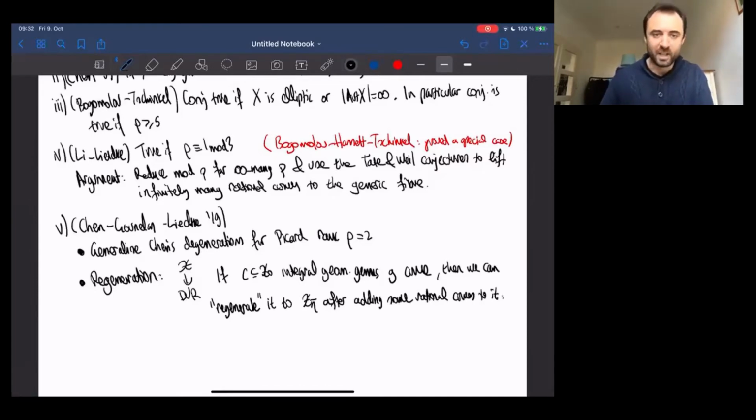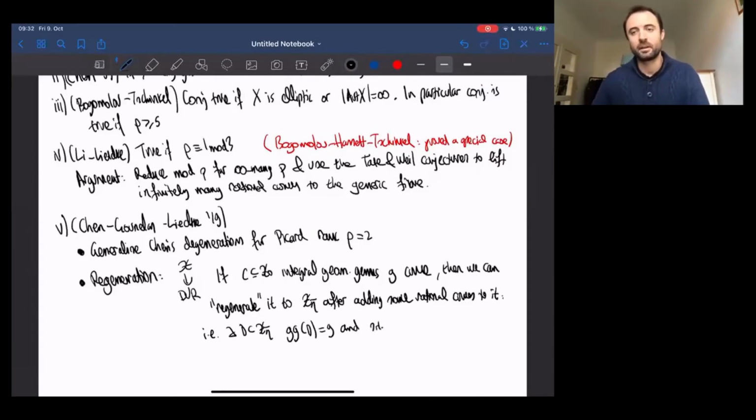To be a bit more precise, what the theorem states is that for an arbitrary integral geometric genus G curve C in the special fiber, there exists a D inside X_eta bar, so that the geometric genus of D is G, and such that the specialization of D to the special fiber contains C. So let me say D_0, the specialization of D, contains C as an irreducible component.